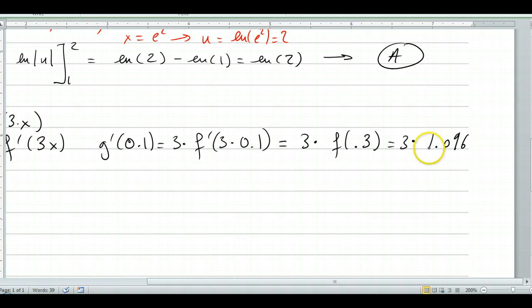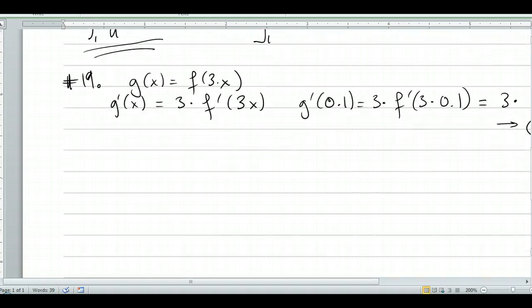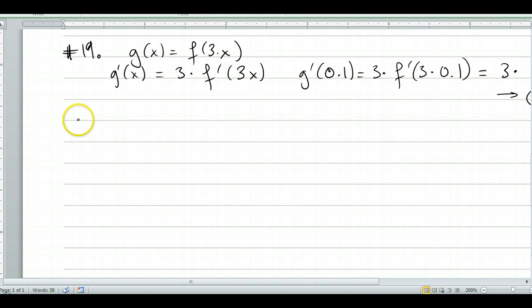D and E. So I believe it's going to be right. When you multiply 3.096, you're going to find something that is different than 0 right here, right? 3 is going to be above 1. So it's E. It's the only possibility. 20. Okay, 20.